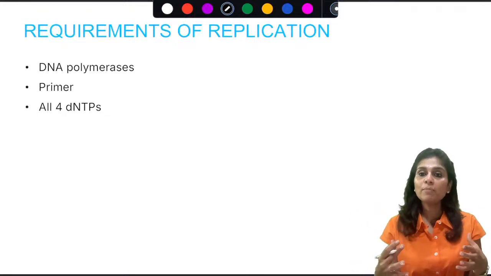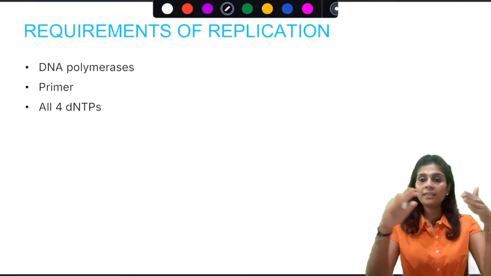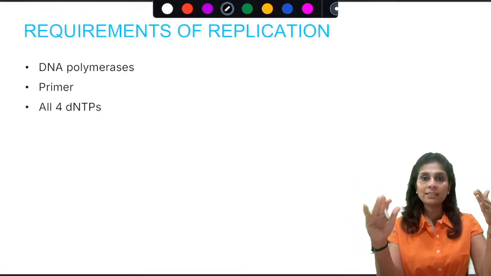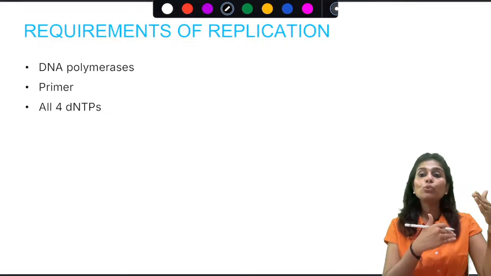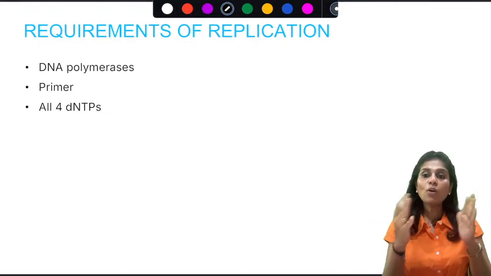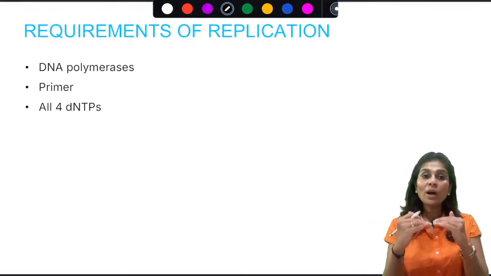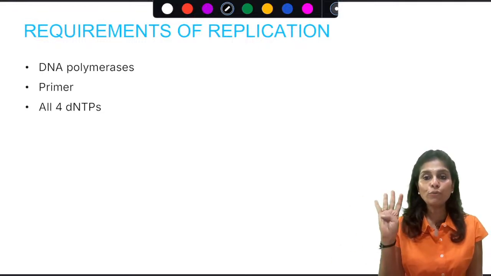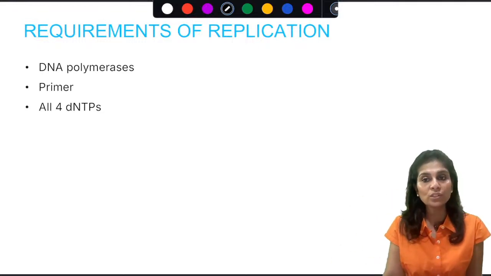All that these DNA polymerases can do is look at the template strand. Depending upon the sequence that is present in the template strand, they just recruit complementary nucleotides and link them. So you have to provide them with those complementary nucleotides. That is why they need all 4 deoxynucleotide triphosphates.